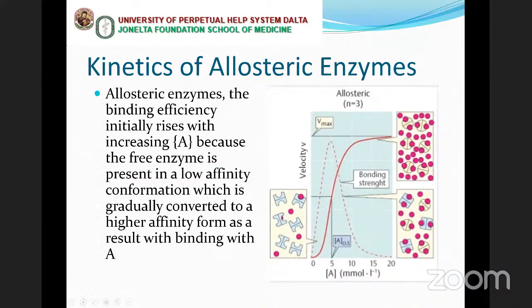If it's allosteric, your sigmoid curve, so binding efficiency initially rises with A because the free enzyme is present in a low affinity conformation.